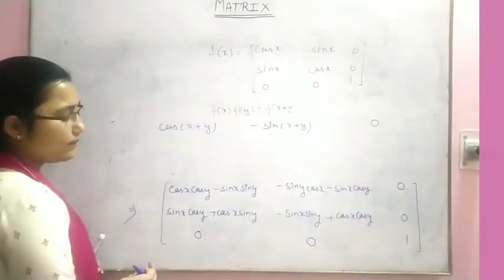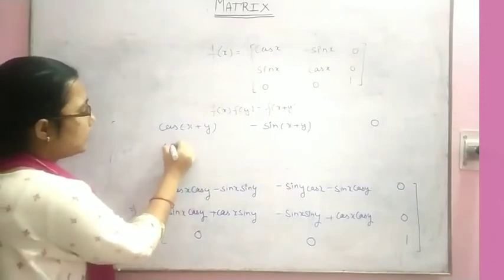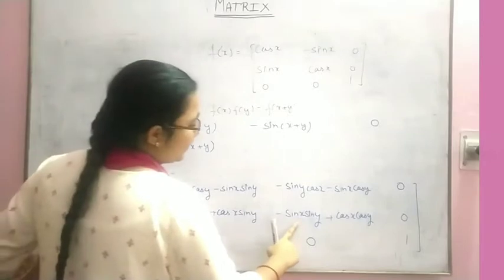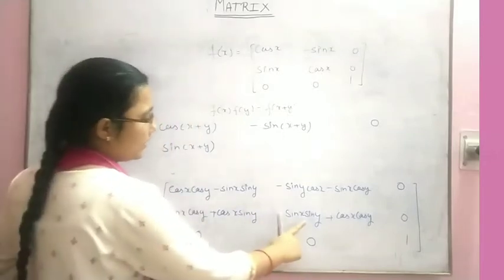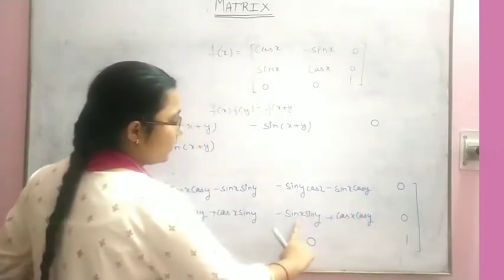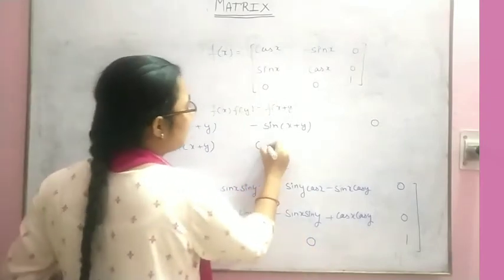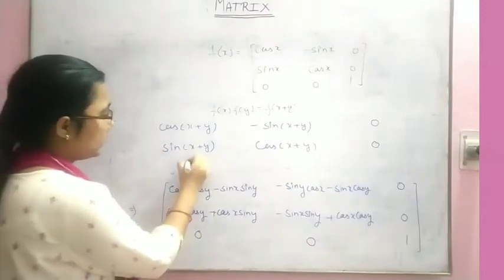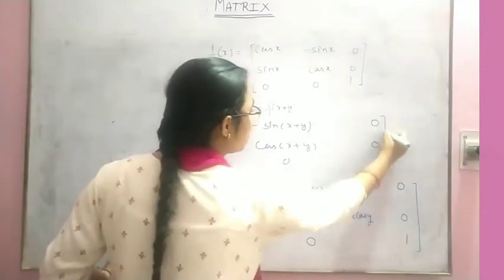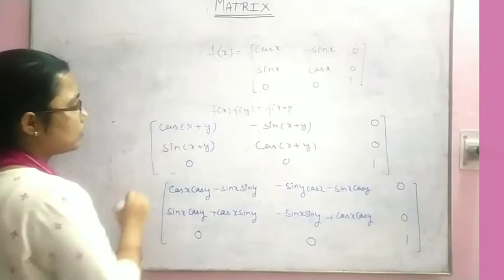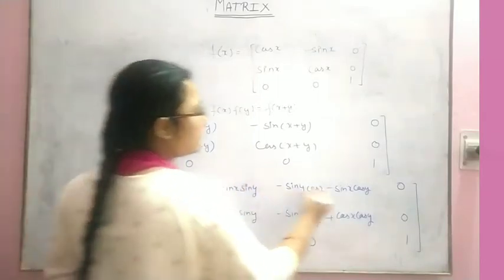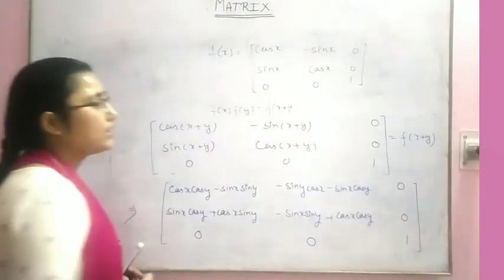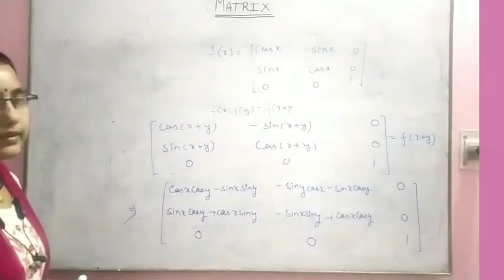Now sin x cos y plus cos x sin y is the formula for sin(x plus y). Again cos x cos y minus sin x sin y is the formula for cos(x plus y), and this one is 0. Remaining are 0, 0, 1. So it is seen that this is a function in terms of x plus y. So right hand side equals left hand side.